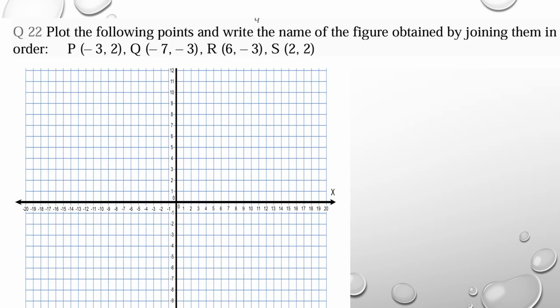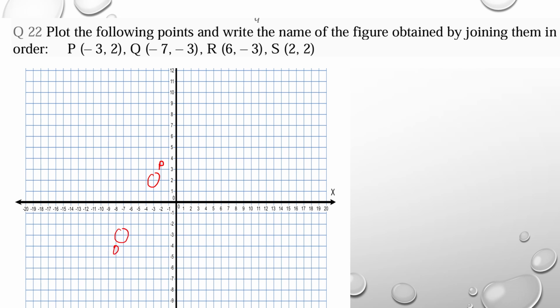Next, plot the following points and write the name of the figure obtained. Let's plot -3, 2. Where will it come? This will come in the second quadrant. X is negative, Y is positive. -3, 2, so this is P. Next is -7, -3, third quadrant.